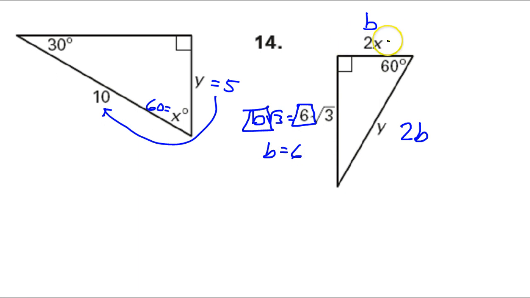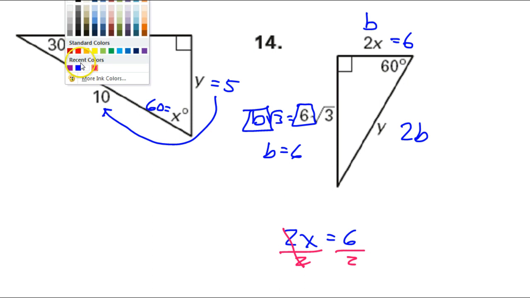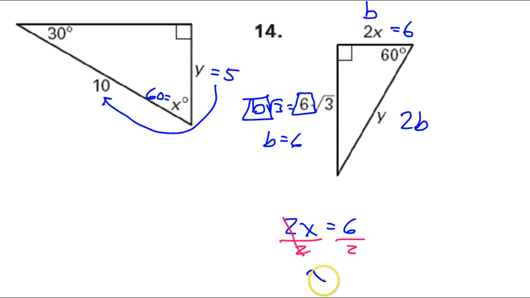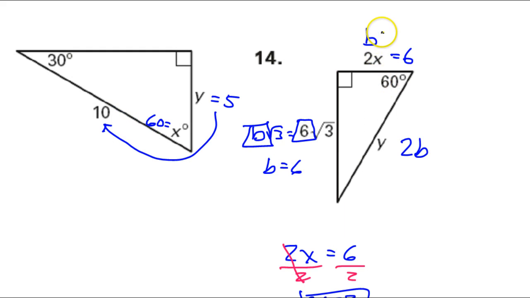Okay, in other words, you see the b and the 6, b is clearly 6. Alright, so if this is 6, then that means 2x is equal to 6. Well, guys, if 2x is equal to 6, how do I find x? Yeah, just divide by 2. Alright, really simple. So that's going to give us that x is equal to 3. Okay, so fine, x is equal to 3, but in the meantime, the short leg here is 6. B is 6.